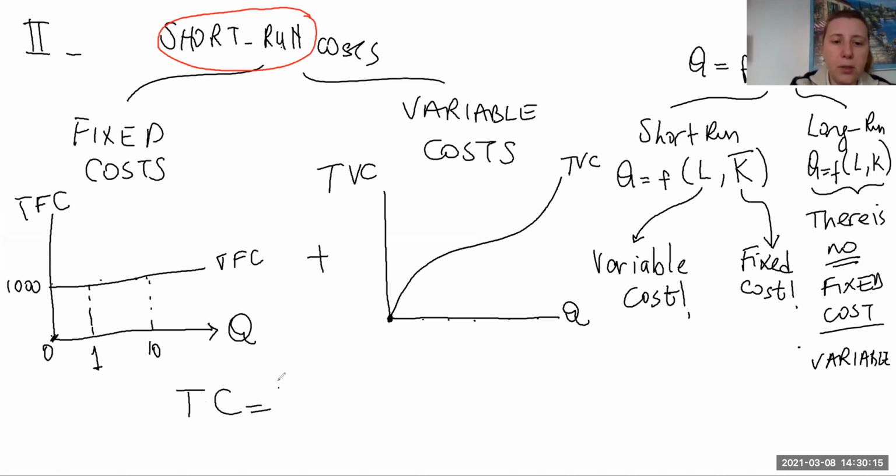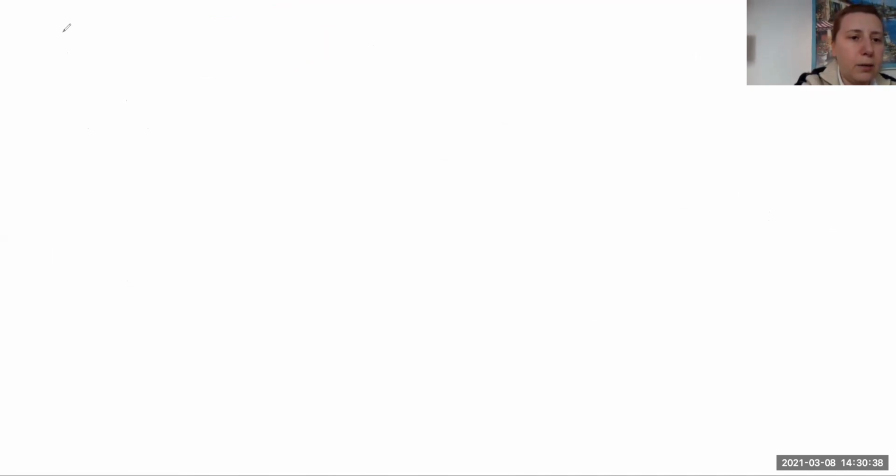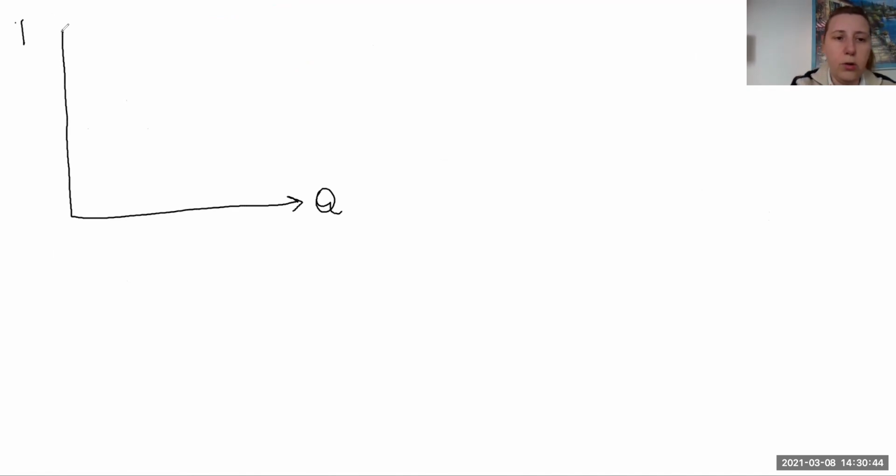So total cost is the sum of fixed cost and variable cost. When you sum these two functions, fixed cost and variable cost, we will get the total cost function just like that. Here Q and here total cost.